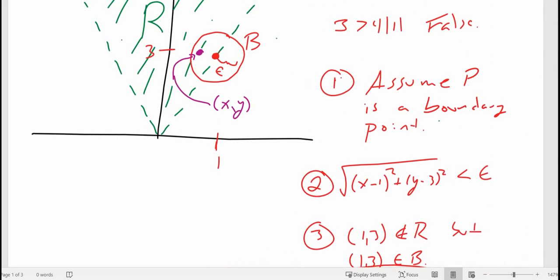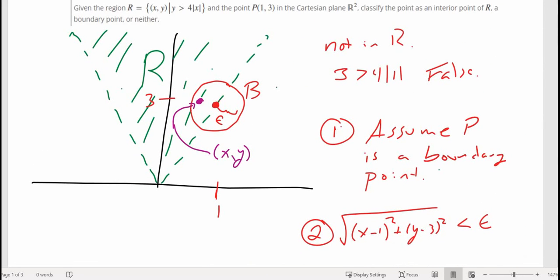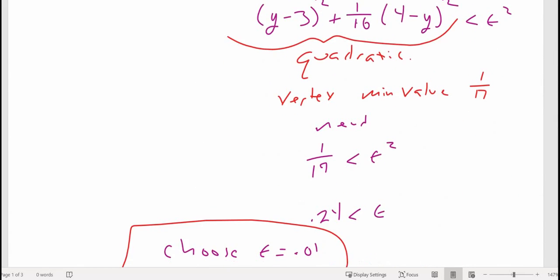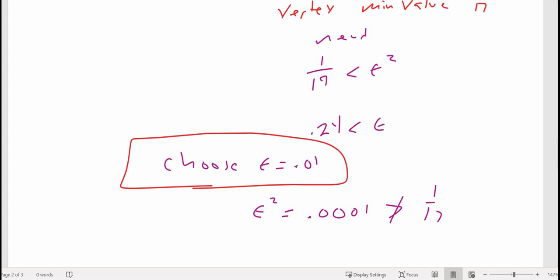So what that means, as far as our little picture is concerned, is that if I made my circle small enough, there would be no point inside of the region. That means the 0.13 has to be out here somewhere where I can draw a circle completely around it and it not overlap that region R. So the choice for epsilon is kind of arbitrary, but there's a lot of different ones that would potentially work. If that makes any sense.